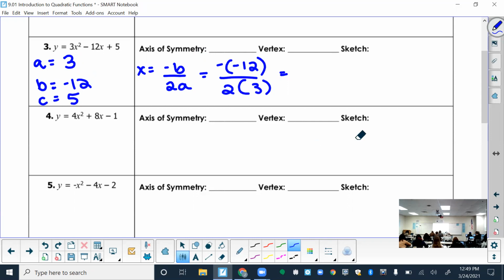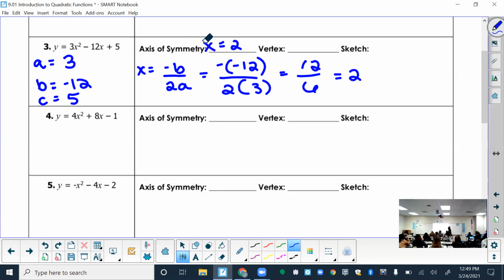Now, what did you notice when you plugged in the negative 12? So it's a negative 12. What happened? It becomes a positive because of that double negative. The denominator should be 6, as 2 times 3. So the correct axis of symmetry is 12 divided by 6, which is 2.